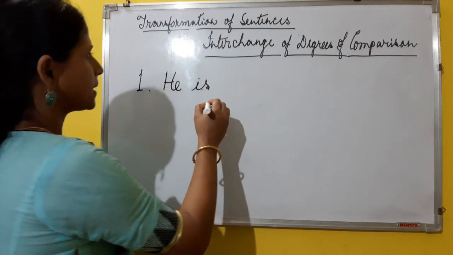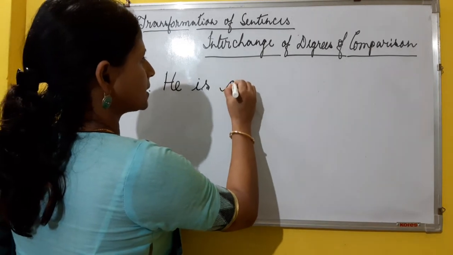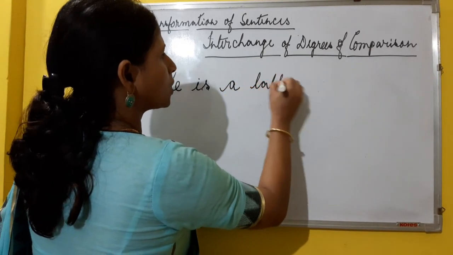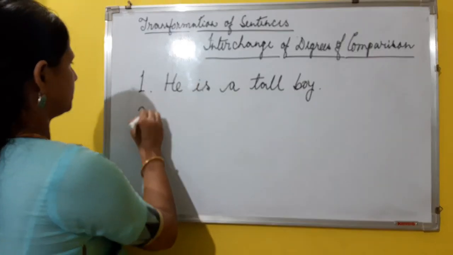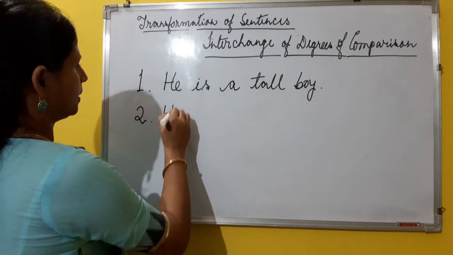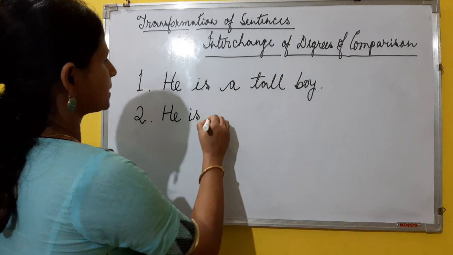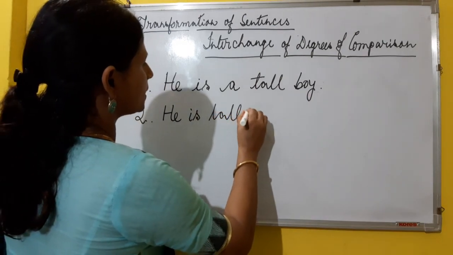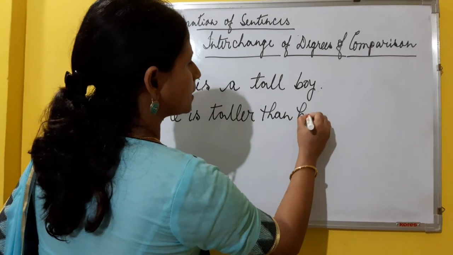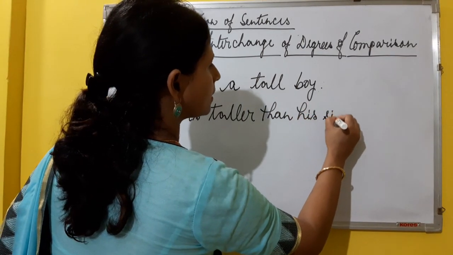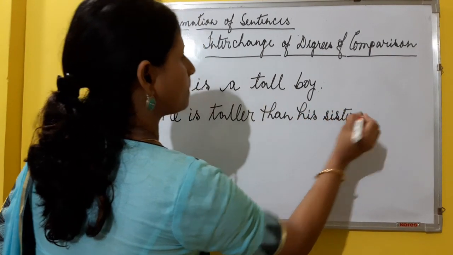The first sentence that I am writing is, he is a tall boy. The second sentence is, he is taller than his sister.